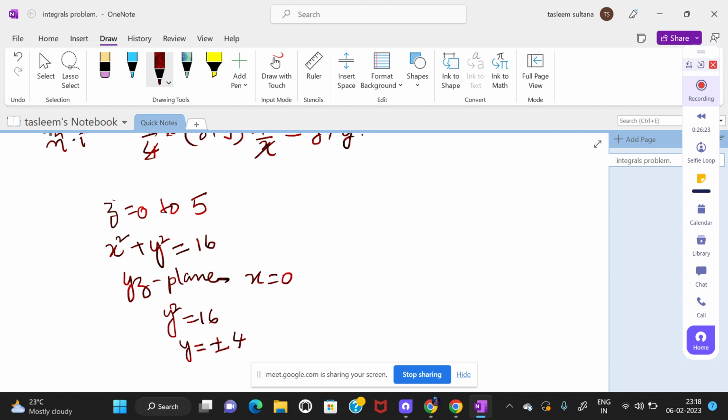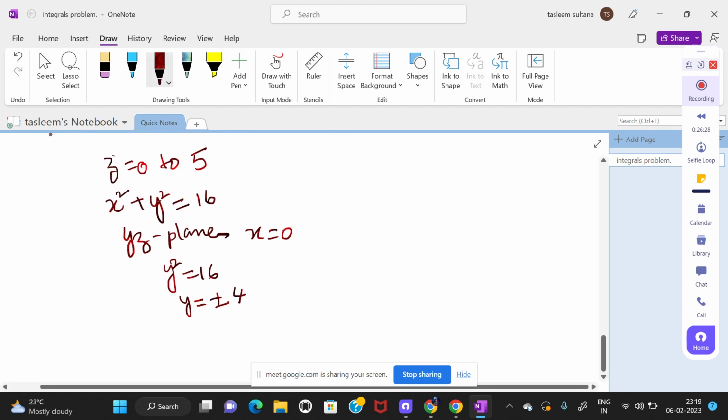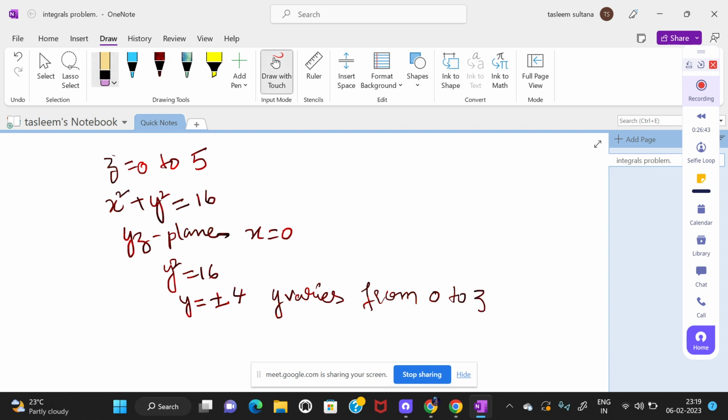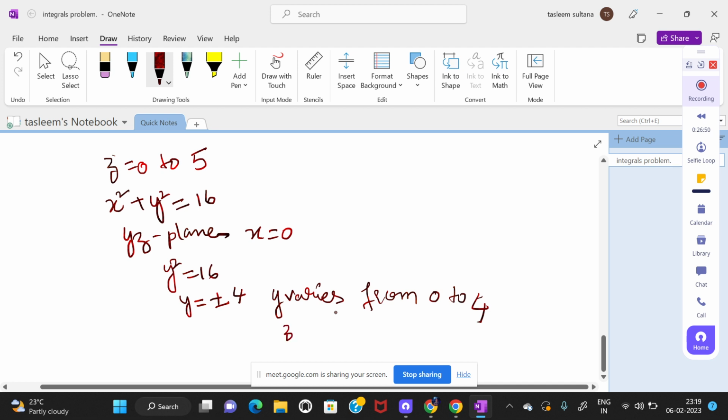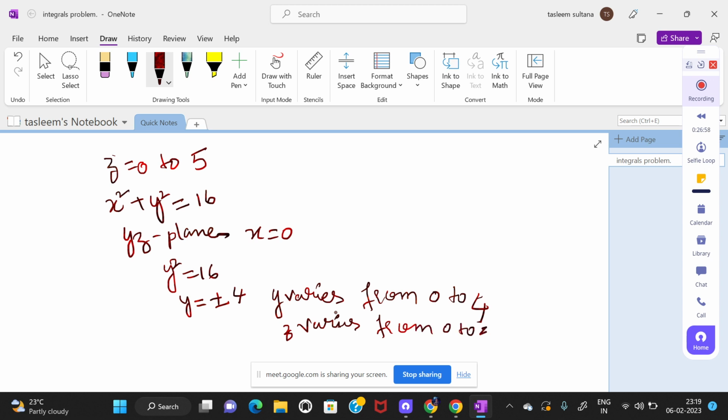Since it is in the first octant, y varies from 0 to 4, and z varies from 0 to 5.